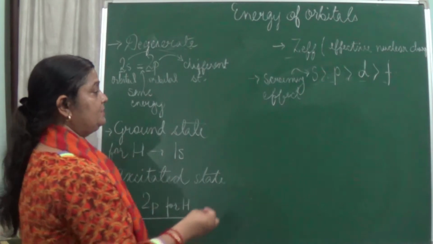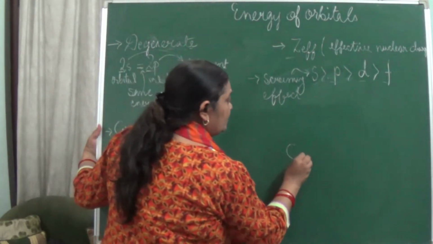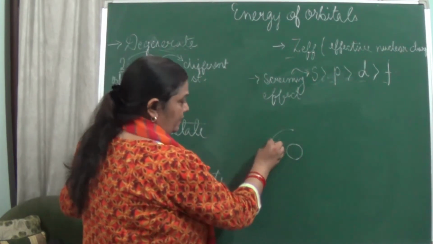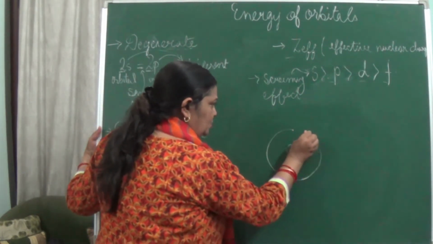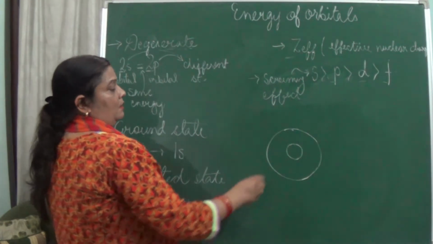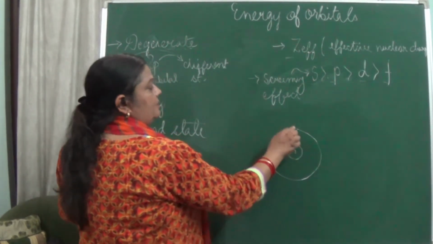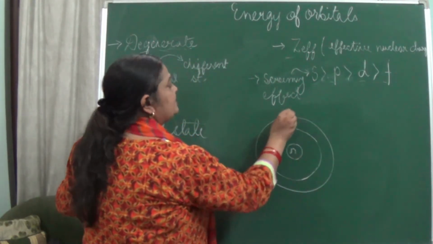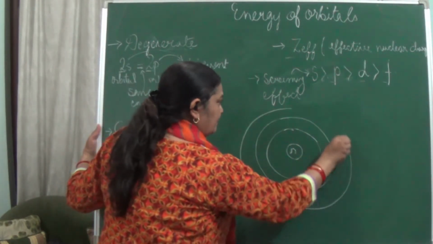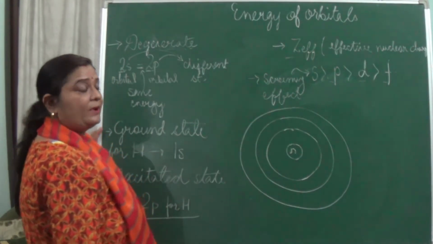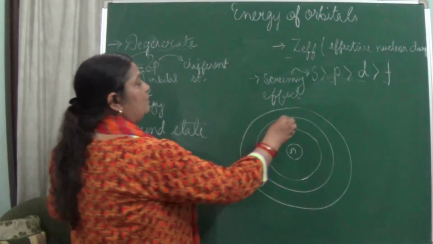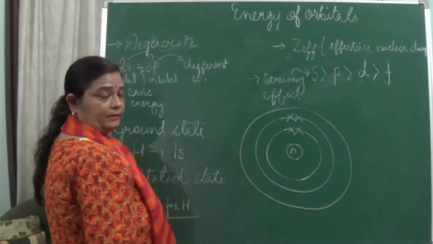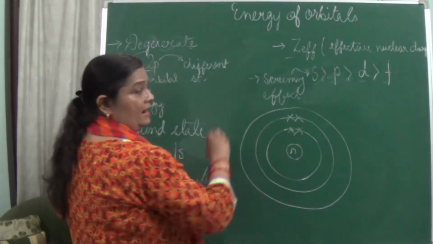So, suppose I am explaining it with an example. This is the nucleus, the first shell, second, third. Now I am asking you, if an electron is present over here and another electron over here, whom will it attract most?